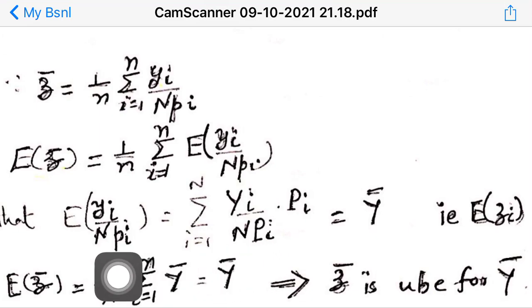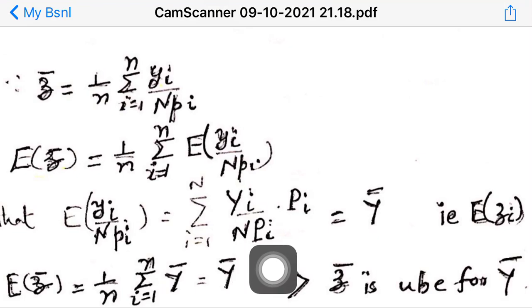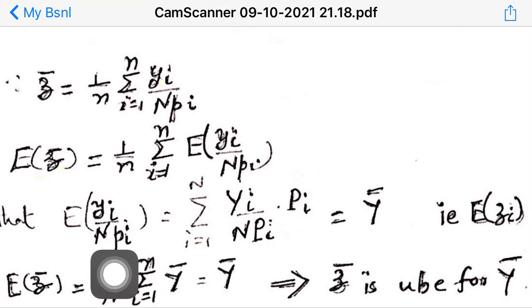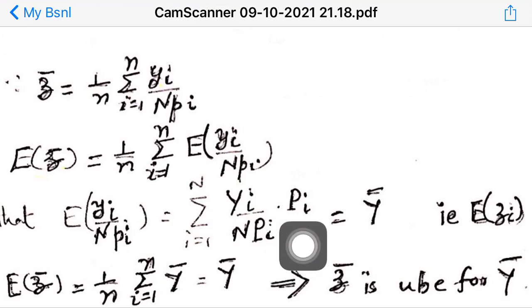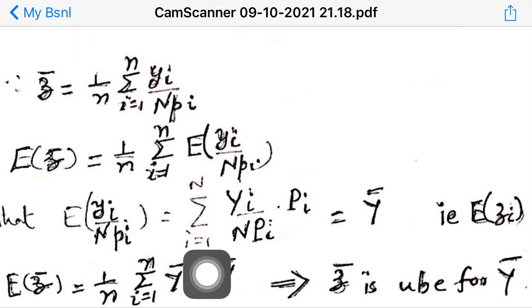You should distinguish here small yi divided by small pi, and here capital yi divided by capital N into capital Pi. And its probability. The expectation of any statistic is equal to the sum of the values of the statistic multiplied by its probability. It is a very simple definition of expectation.